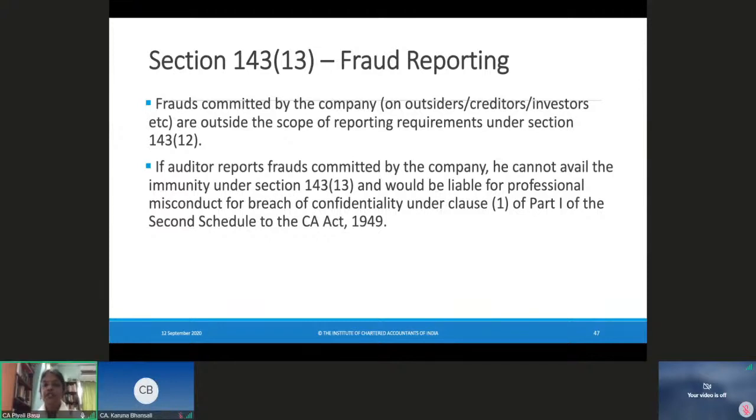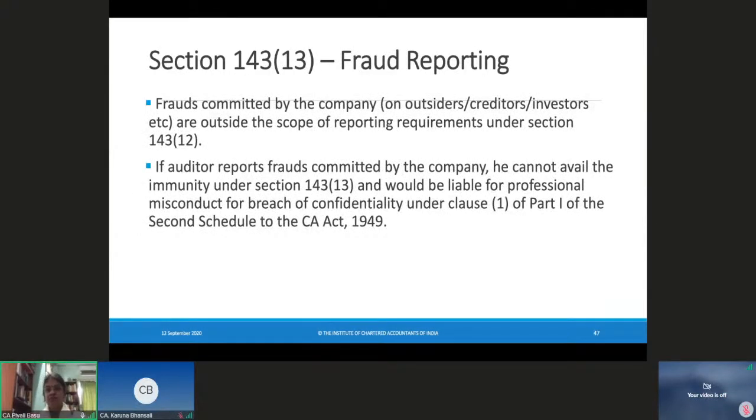If the auditor reports the fraud committed by the company, so you're not supposed to report it but you're disclosing, then you are actually violating the confidentiality clause. Keep that in mind. Breach of confidentiality under the Code of Ethics.